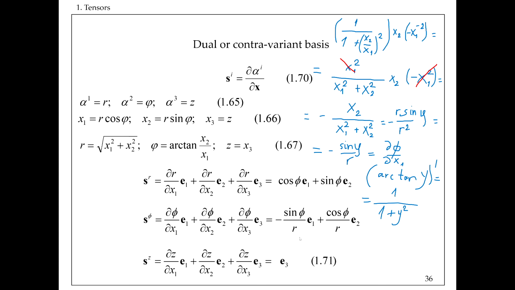If we think about that a little bit, r is just a factor that will change the length of that vector, as with phi, but it will not change the direction. So these vectors will still be in the same direction. It's just that when we do the normalization, we need to make them unit vectors, so we need to divide them by different values, but they still point in the same direction.